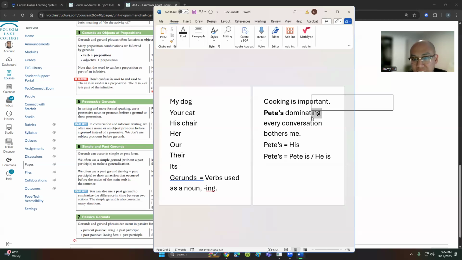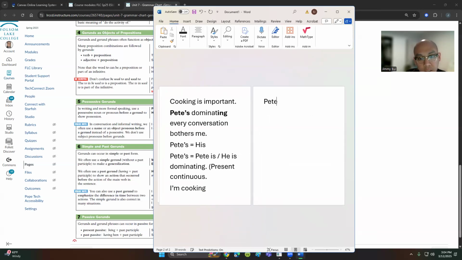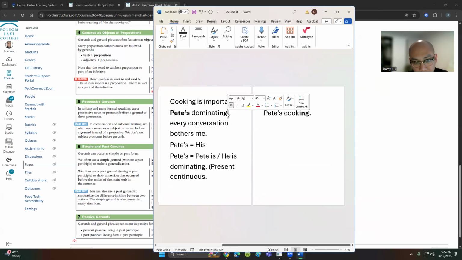And because this is used as ing, this can possibly be viewed as the present continuous tense, right? So I'm cooking, Pete's cooking, right? If the simple sentence was finished like this, it is an action happening now. And so this can easily be interpreted as Pete is dominating, right? But of course, with the complement or the complete idea, the elaboration on this, this is not something that is happening now.